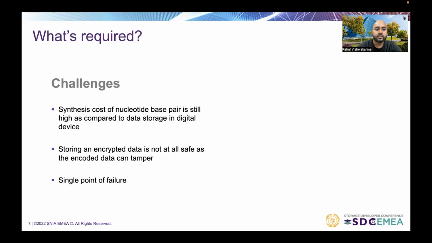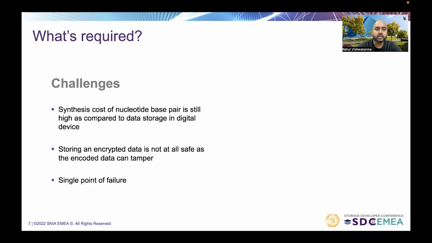Another is security. Even if our data is stored, someone can hack into it, tamper with it, and do anything they want. And if we store DNA at a single place, it is a single point of failure. For example, what if it's stolen? Although DNA is known to survive for 1,000 to 2,000 years, that's all fine, but what if it goes into the wrong hands?